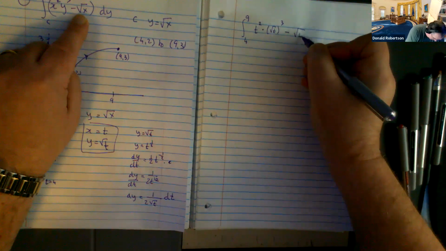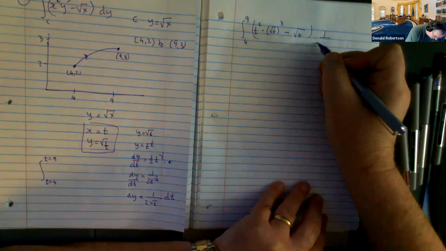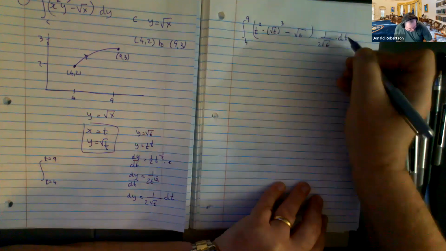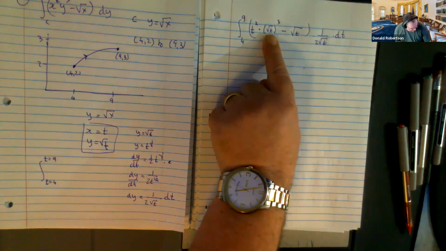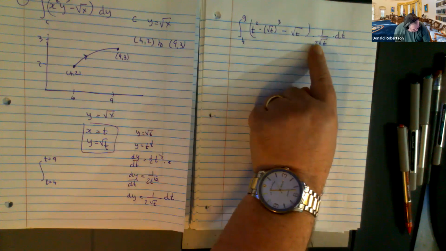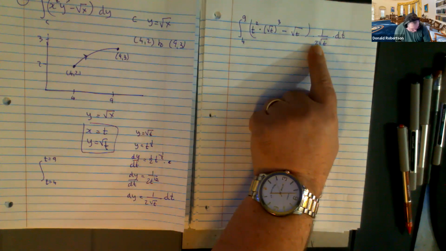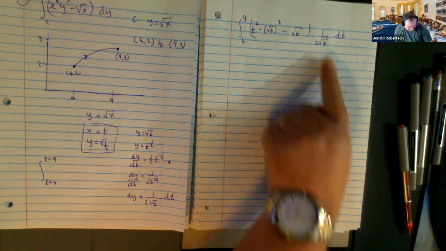The dy becomes 1/2 square root of t dt. Let's pause on that one. X squared, good. Y cubed, good. Take away square root of x, good. 1/2 root t, yep, dt.